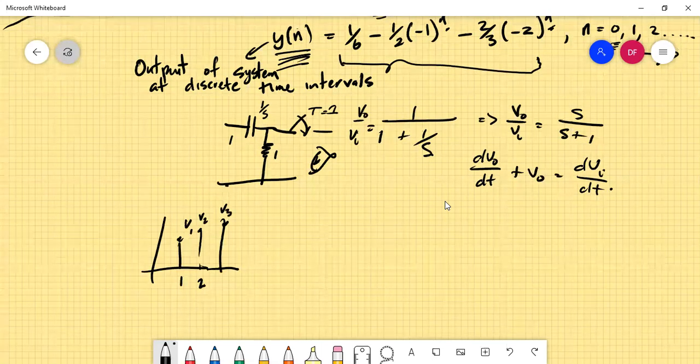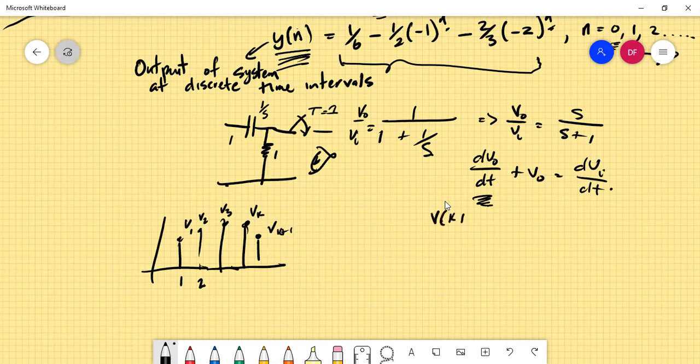And we are going to be finding the gradient at any interval in time. So I just pick an interval in time vk and vk plus 1. So the gradient is going to be vk plus 1 minus vk over the time interval. In this case, the time interval I'm using is 1 second.